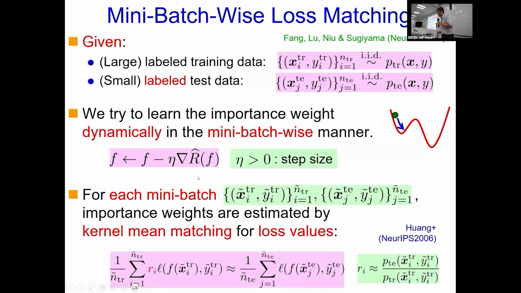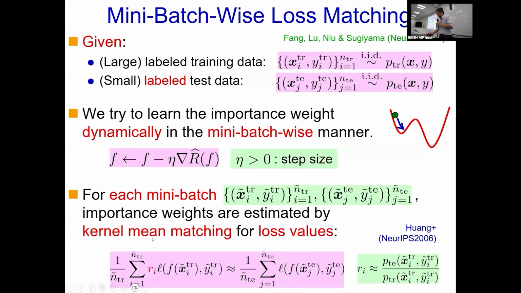And here we use kernel mean matching, also in a bit of a special way. Because in mini batch training, we have a reasonable number of labeled training data, but a very small number of labeled test data. So direct importance weighting may not be so useful in practice.